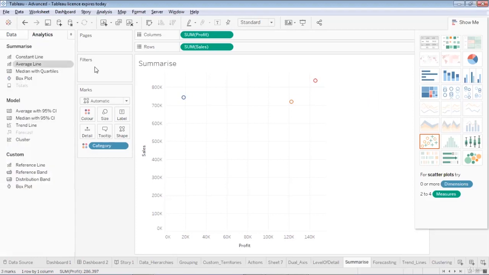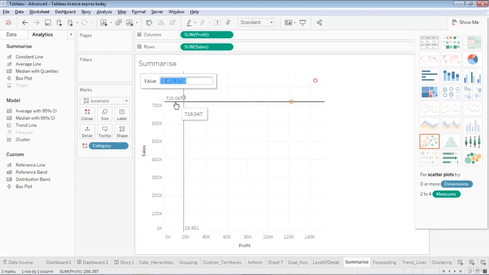First of all, if I would like to see a constant line corresponding to the first observation, I'll just double click on the constant line, and I'll get this line. So basically, this line is representing a constant line. For this value, I'm getting my x-axis and y-axis value, since for category furniture, my profit was 18451 and my sales were around 75420.